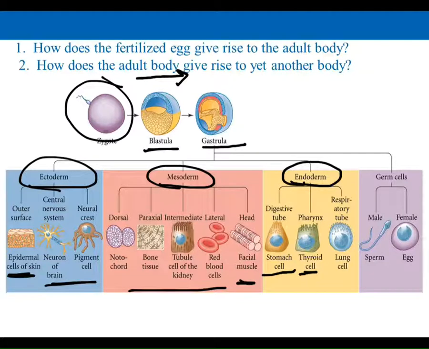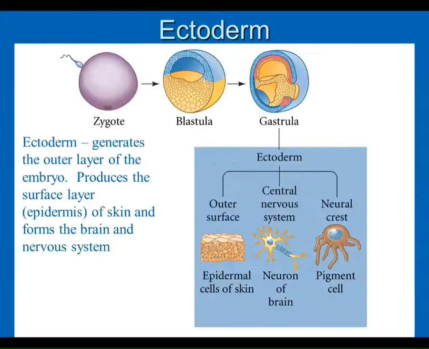In addition, there will be a few cells off to the side that will eventually become or create your germ cells. So there'll be cells that are going to eventually, in the male, produce sperm, and in the female, produce eggs. This is just a blow up of the same thing of those three layers. So I definitely want you to appreciate the three layers, ecto, meso, and endoderm, and know the basic organs that are derived from each.